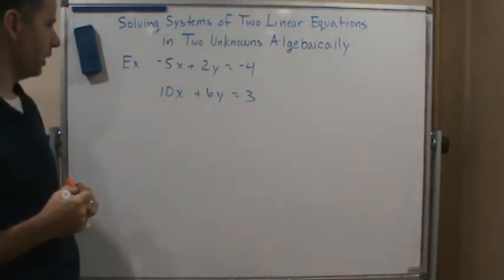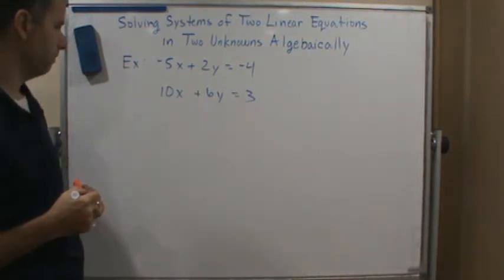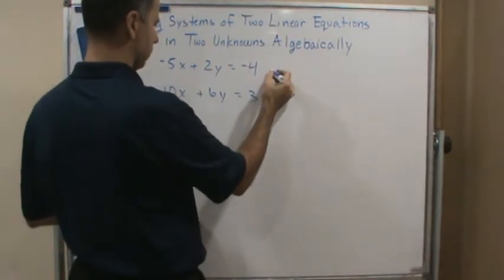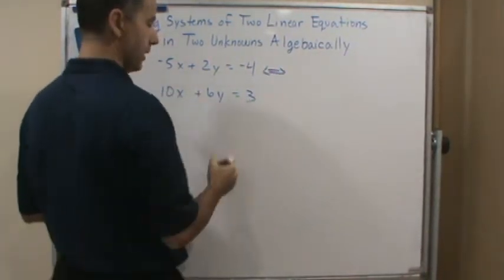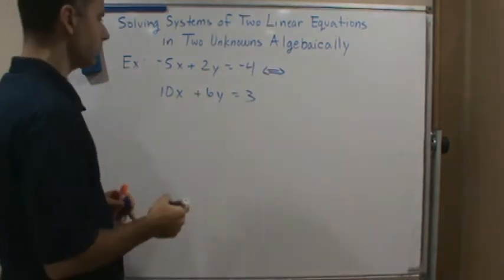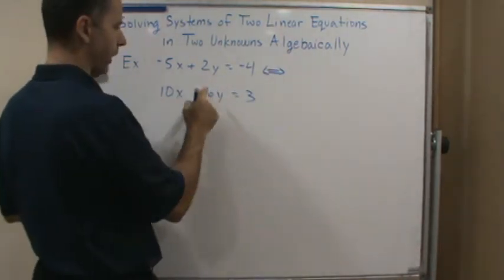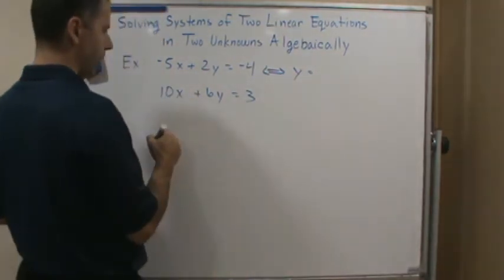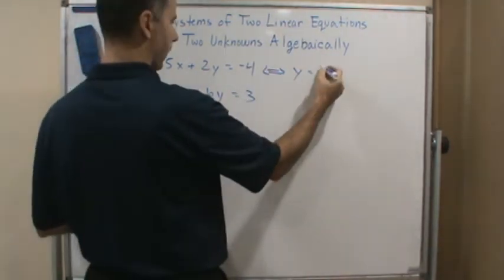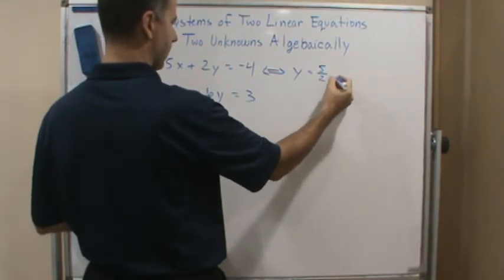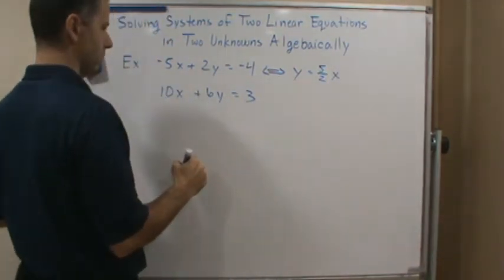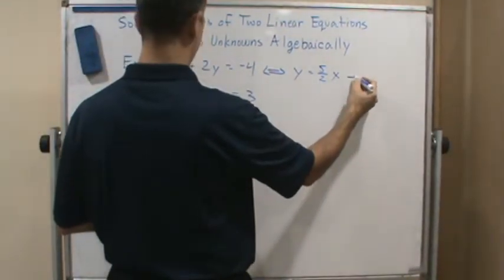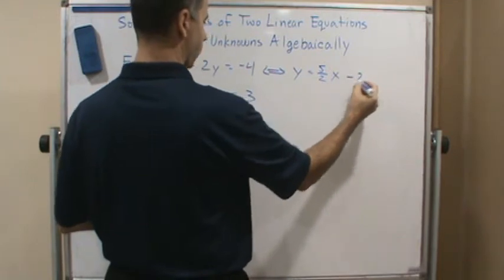So if we choose, well, we can do the first one. And let's solve for y. It doesn't matter which variable we solve for. So let's solve for y. In this case, this is going to give us what? That y equals 5/2 x minus 2.